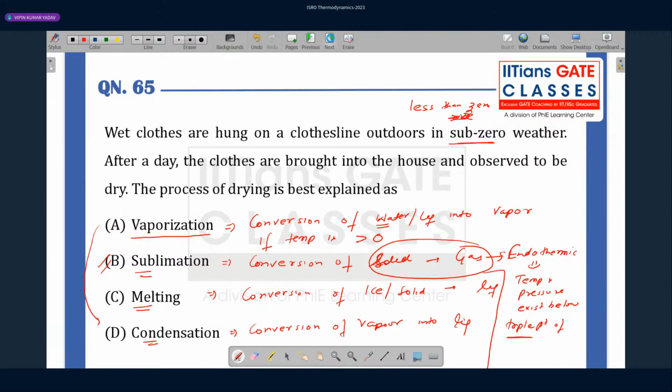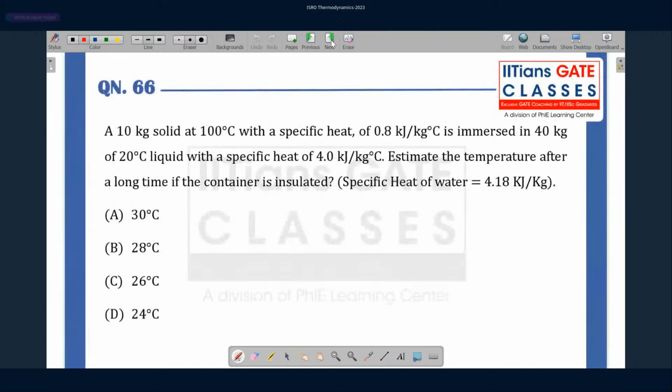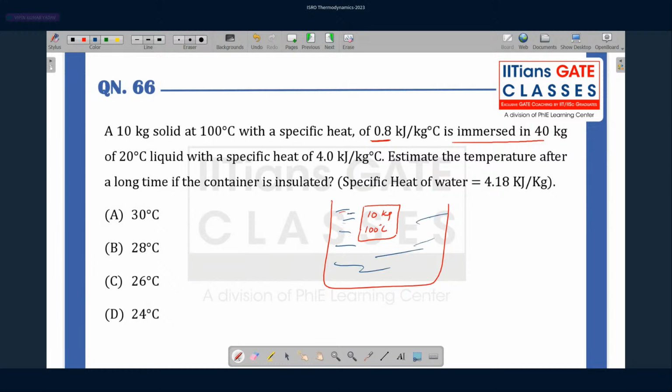Let's go ahead. These are all conceptual questions, where a little bit of concept is applied. Now, the question says we have 10 kg of ice, at 100 degrees Celsius, immersed in 40 kg of liquid at 20 degrees Celsius.